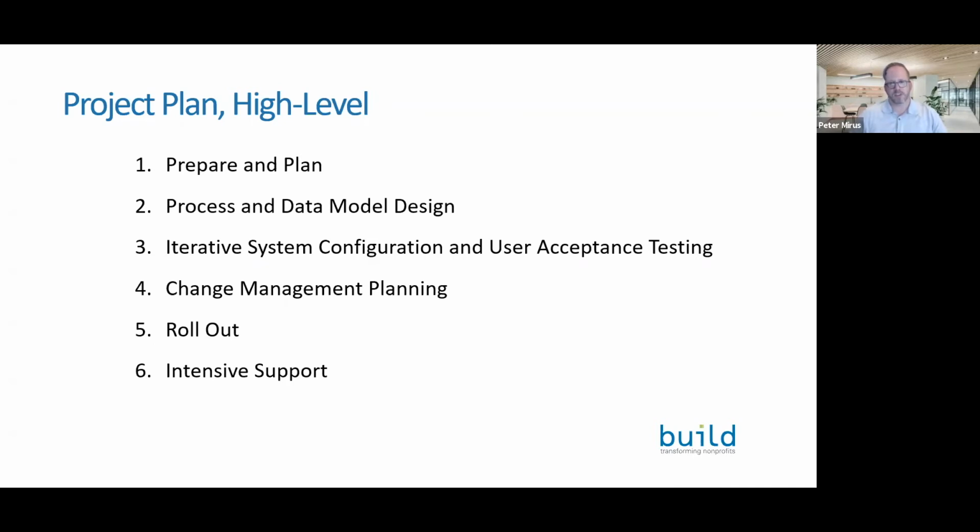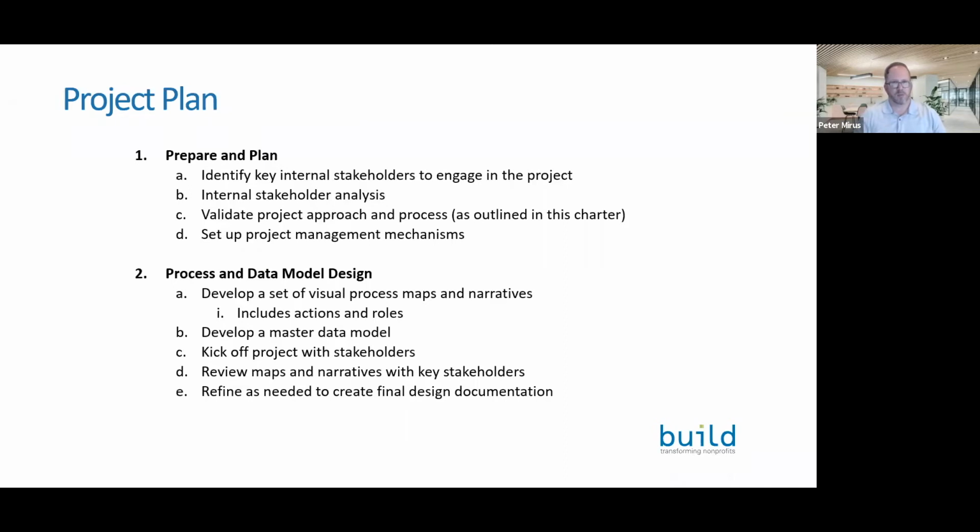And I thought we'd just take a little bit of time to go through them with an additional layer of detail here. So in the preparation or this prepare and plan phase, you want to first identify the key internal stakeholders to engage in the project.